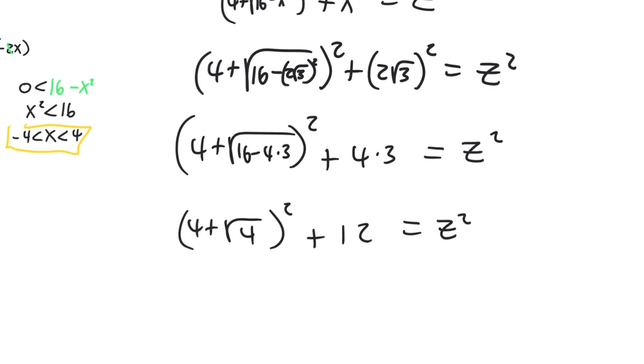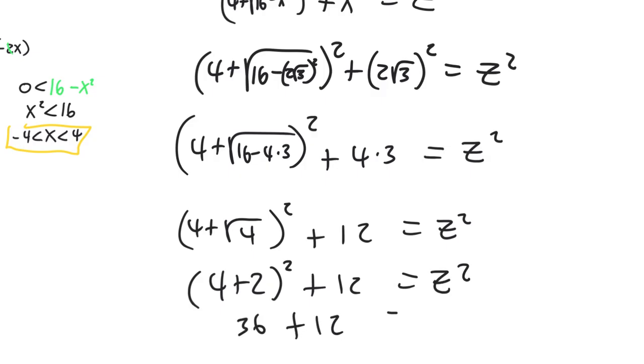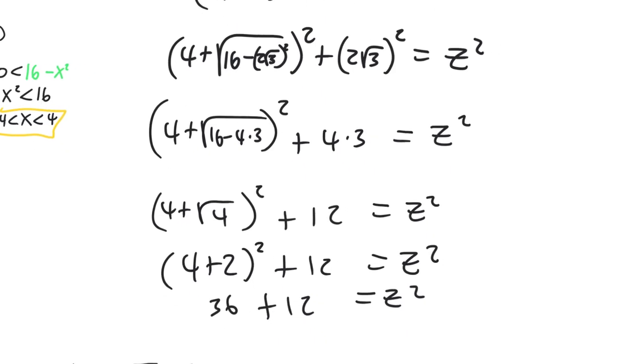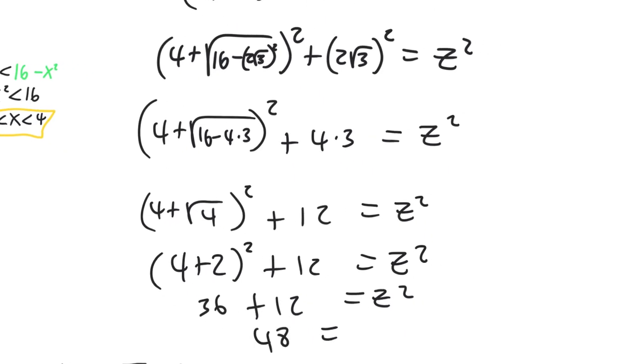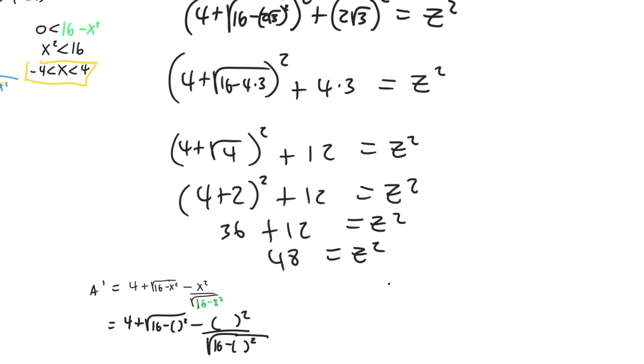This is 4 plus 2 squared plus 12 equals z squared. So 36 plus 12 equals z squared, and that is 48 equals z squared. So clearly z equals, and we're looking for positive numbers, so z equals 4 radical 3.